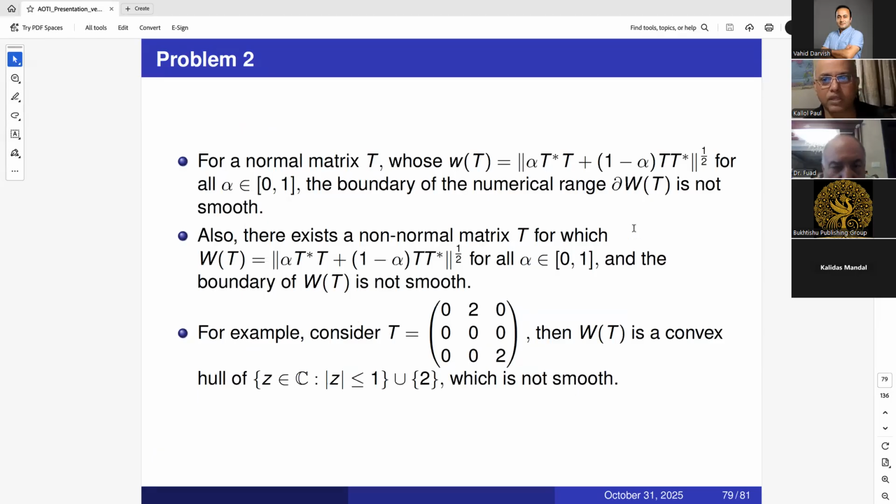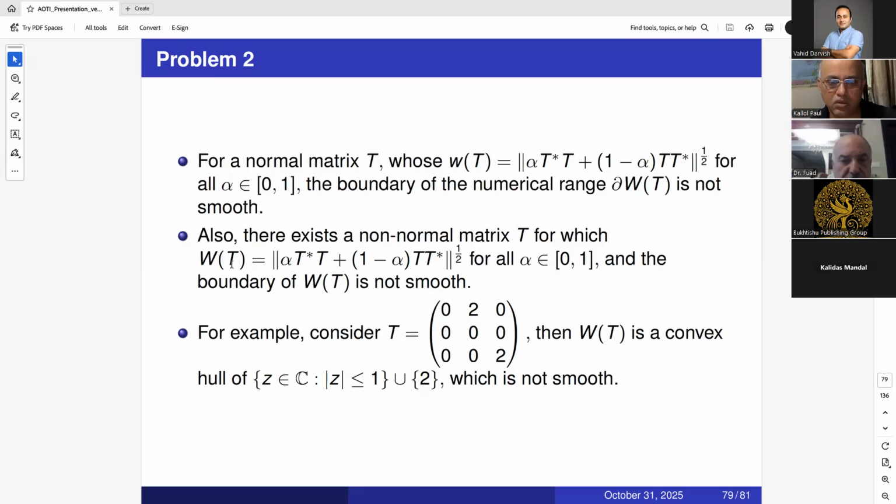And maybe problem 3. Maybe we continue with this. For a normal matrix T, this is this. So what is the boundary of the numerical range? It is not smooth. If you are looking at this finite dimensional normal matrix, as we have proved, the numerical range is a polygon, so the boundary is not smooth. These endpoints or vertices are actually non-smooth points. We can also find a non-normal matrix for which the boundary of W(T) is not smooth.